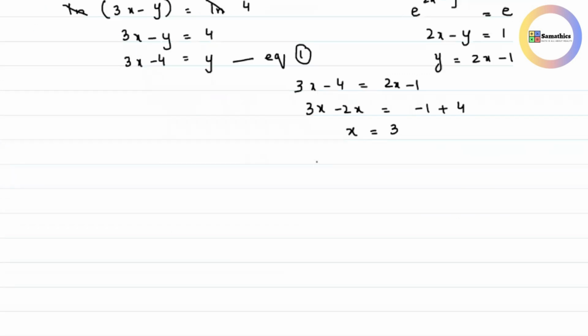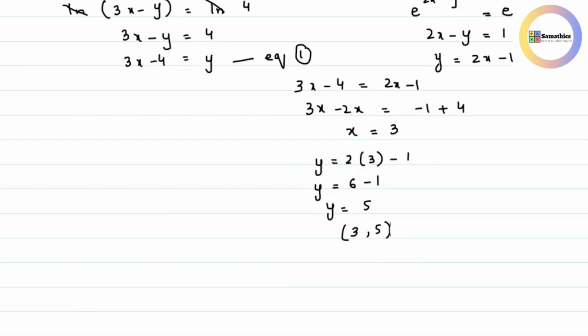Substitute in any one of the equations. So y is equal to 2 into 3 minus 1, so y is equal to 6 minus 1. So y is equal to 5. So (3, 5) is the answer. Question number 13 can also be done in the same way.